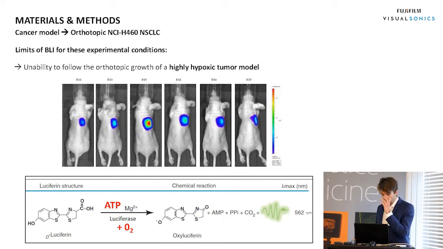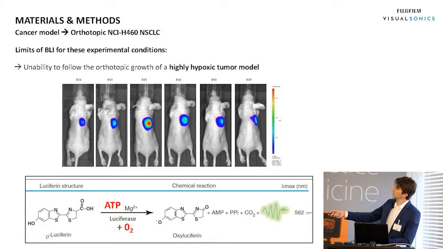Another limit on this cancer model is also with bioluminescence, because bioluminescence is a modality depending on ATP and oxygen. So when we are in presence of a highly hypoxic model, we won't have enough oxygen inside the tumor, so that will not be representative of the tumor burden.